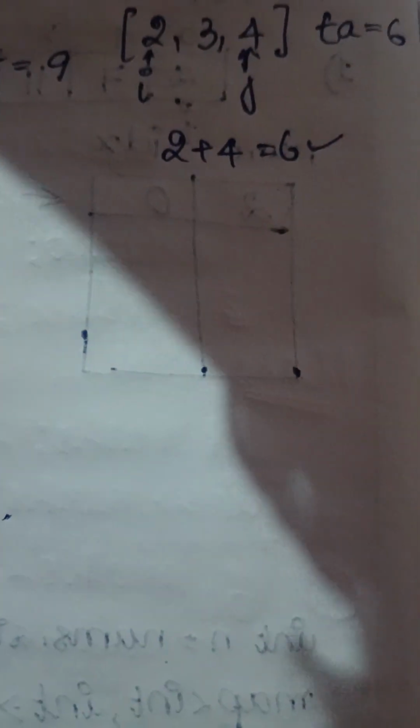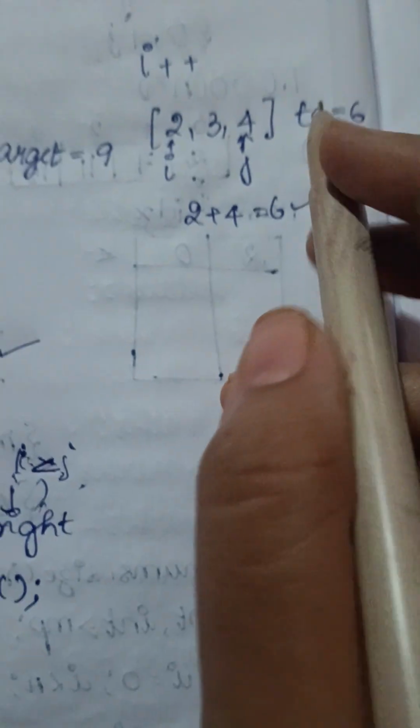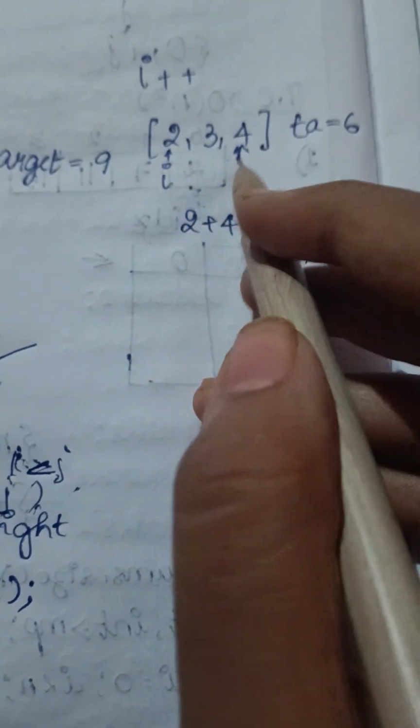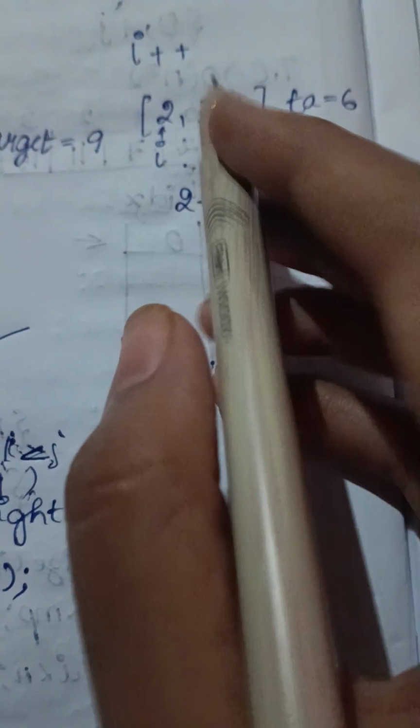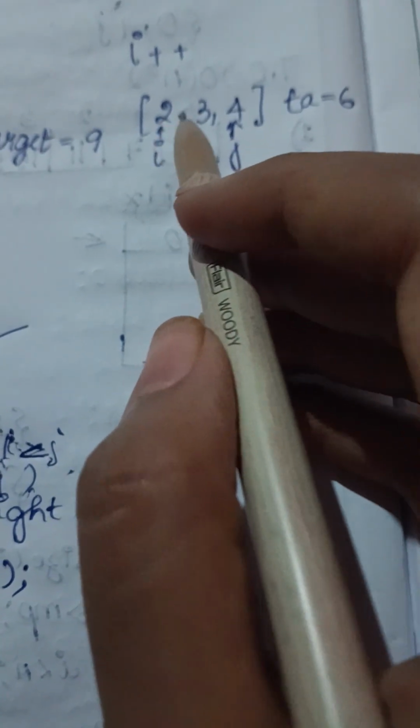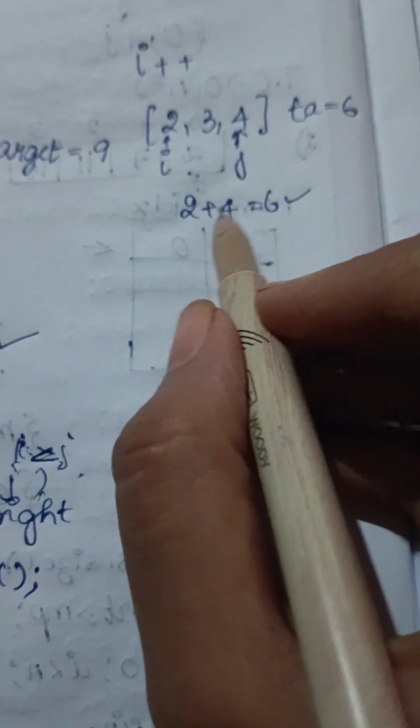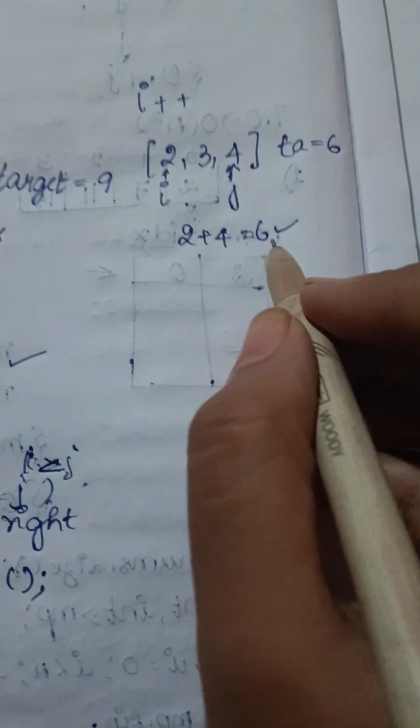So let's take another example. Actually, when you have to do i++, suppose your sum, that is 2 plus 4, is equal to 6.